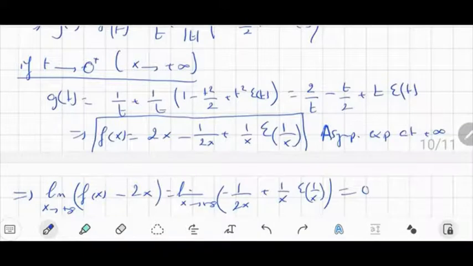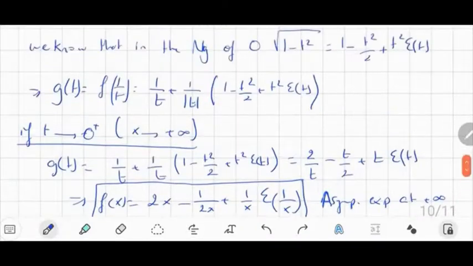Always, if I go to 1 over x or 1 over x squared, then it means that I have all the terms that will give the equation of the asymptote, the constant term and the term of order 1, and then I have one additional term in 1 over x or 1 over x squared or whatever that will give me the position. So I always need to go to the first order in t, or if the first order is 0, to the second order of t.